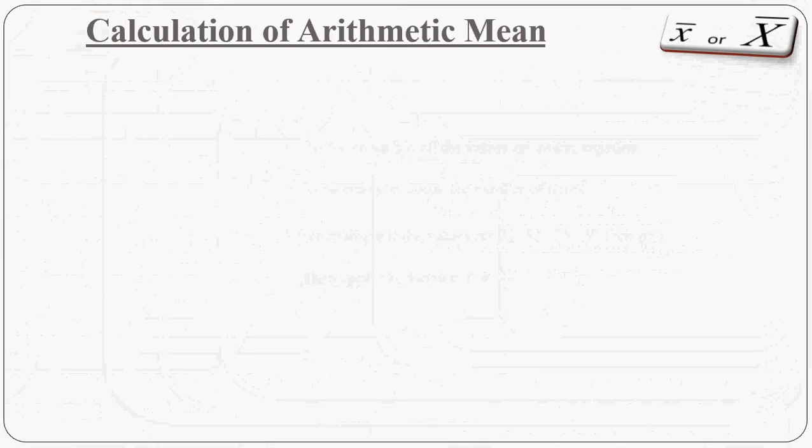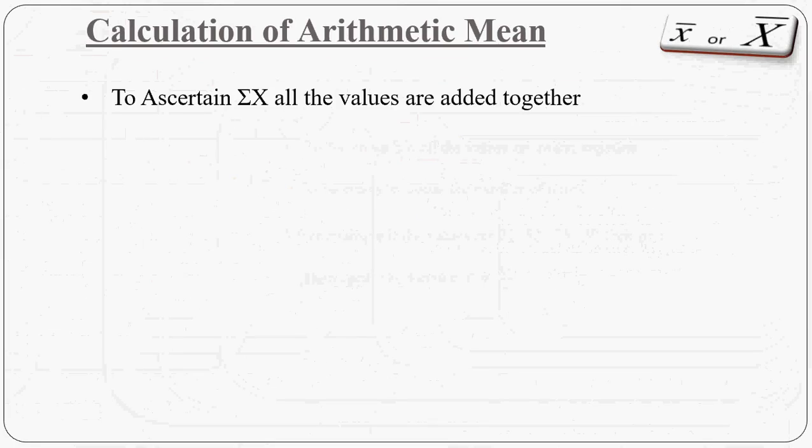Now let us move on to see a simple problem, or before that, how to calculate arithmetic mean. To calculate arithmetic mean, given a set of numbers you need to make the total. This total is what we call sigma x. The Greek word sigma means total. Sigma x means values, whatever given in the series, are added together.